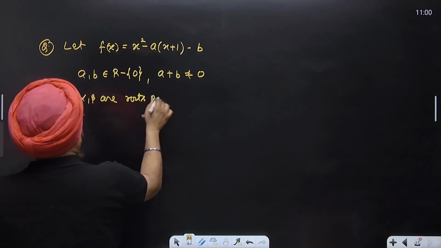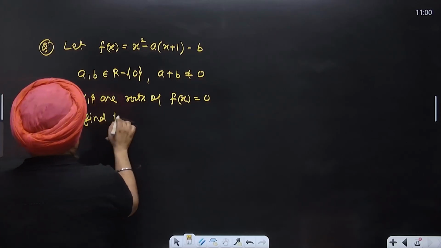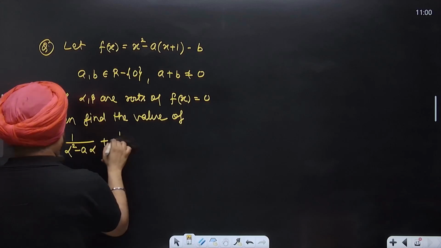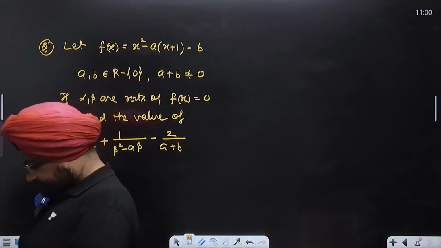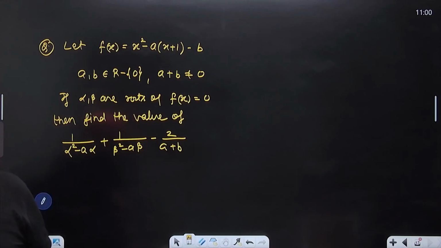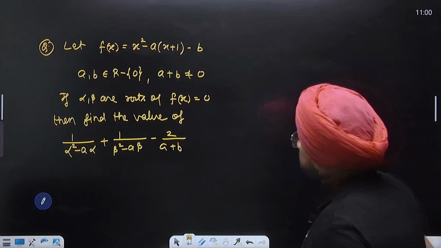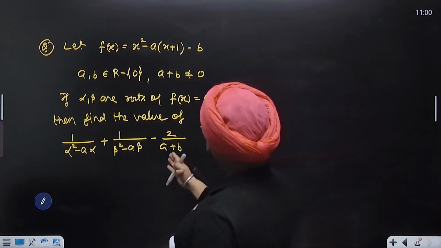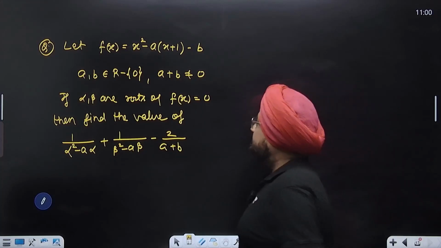If alpha and beta are roots of f(x) equal to 0, then find the value of this expression. a and b are non-zero real numbers, and a plus b is also not equal to 0 because we have to find this expression: 1 upon alpha square minus a alpha.